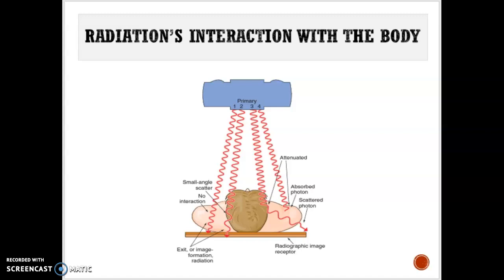Attenuation is simply the reduction in the number of primary photons in the X-ray beam through the process of absorption and scatter radiation. The optimal X-ray image is formed when only direct transmission X-ray photons reach the image receptor, but in clinical situations scattered photons do reach the image receptor and degrade the image quality and the sharpness of the recorded image.